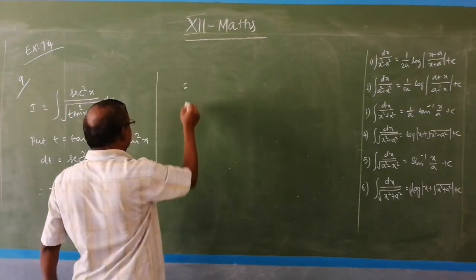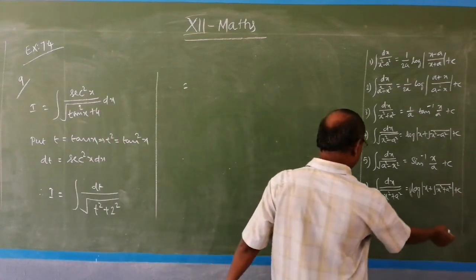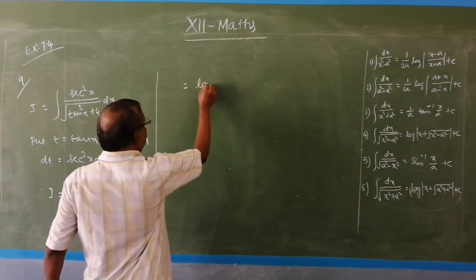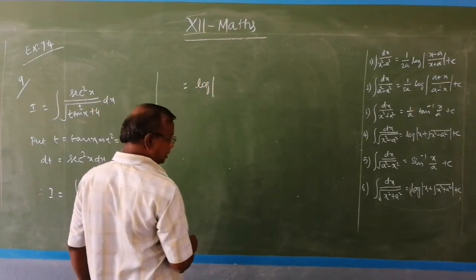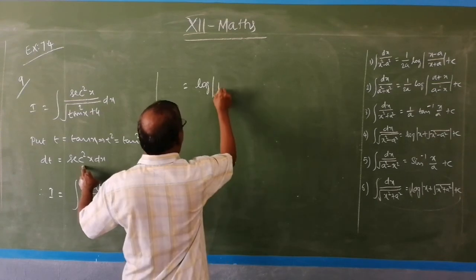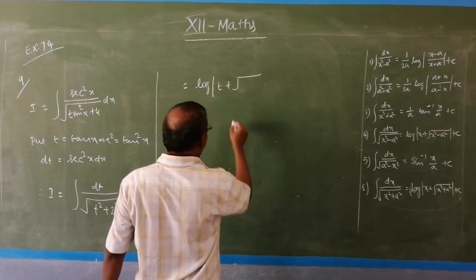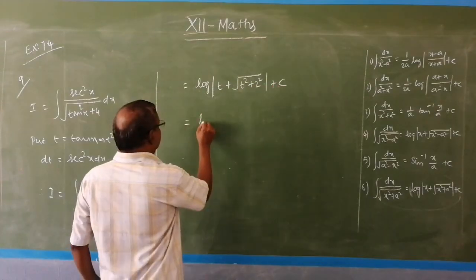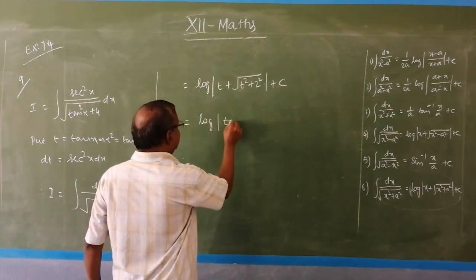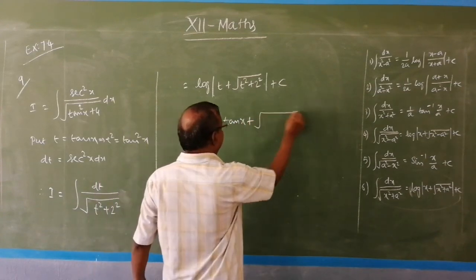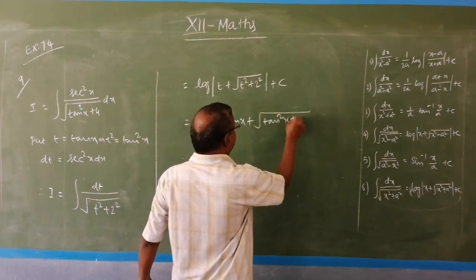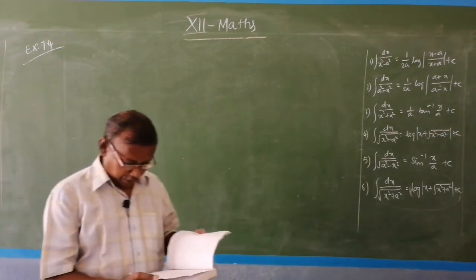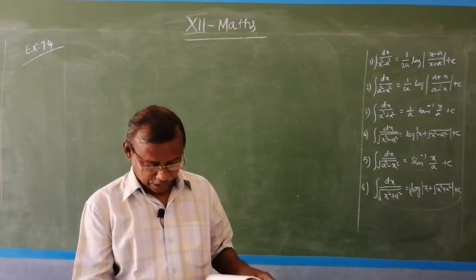We have one formula, root of a square plus x square, this one, and we have log of modulus of x, x means t, plus root of x square plus a square means t square plus 2 square plus c, equal to log of t means tan x plus root of t square means tan square x plus 4 plus c. Students, up to question number 9, this is one method.